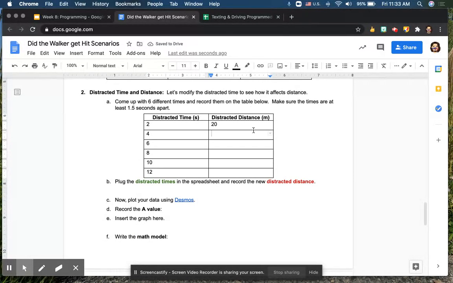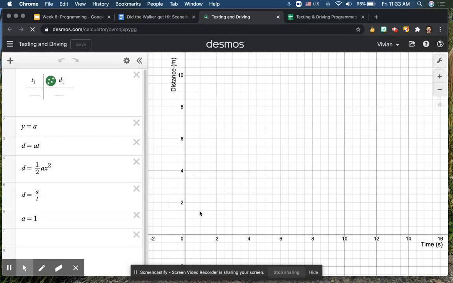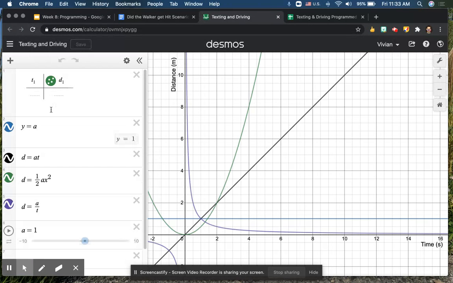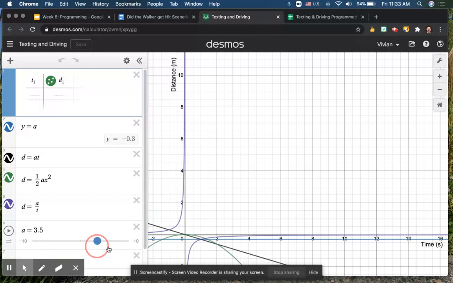All right. And then when I am all done and I have all of these different values, I will open up Desmos and I will plug the numbers in here. So this is for time and this is for distance. These are my science equations right down here. Remember, once I have my data points, I'm going to move the lines to find my best fit line.